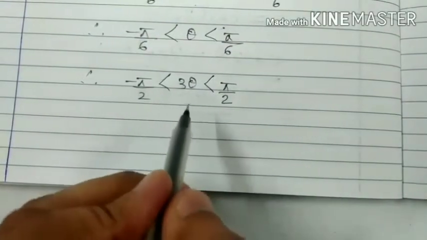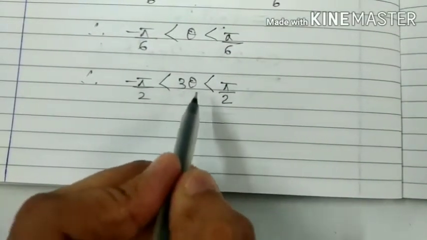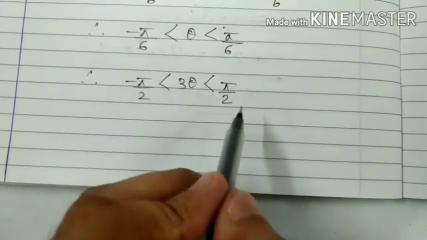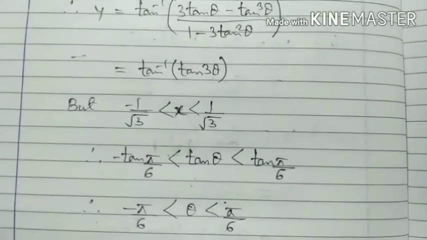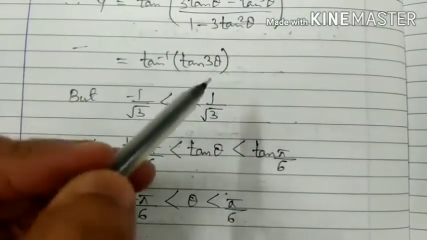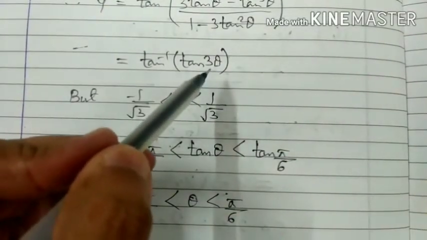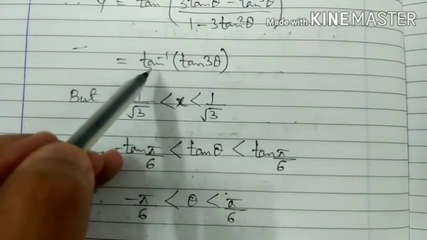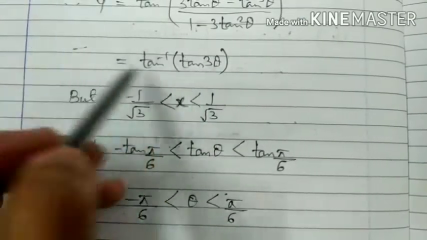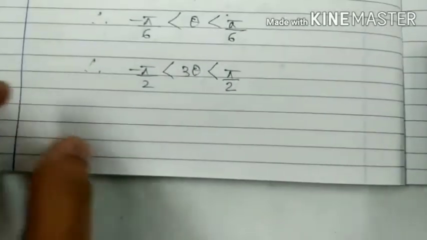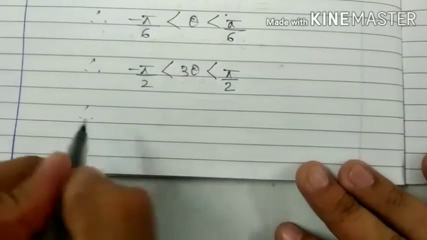So here we can see that 3 theta lies in range of minus 90 and plus 90. That is only thing that we have to show here. Now it is concluded that 3 theta lies in tan inverse range. So here tan inverse and tan gets cancelled, so y equal to 3 theta is obtained.